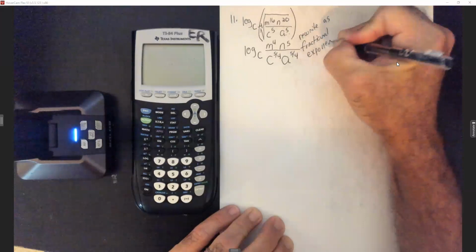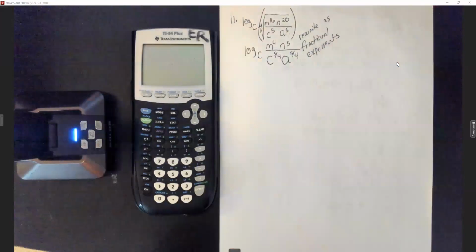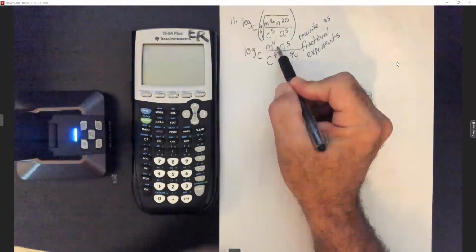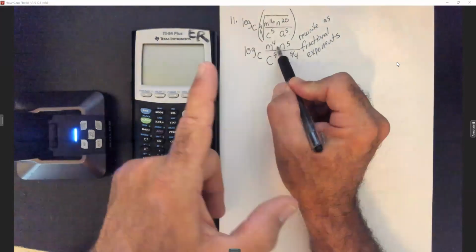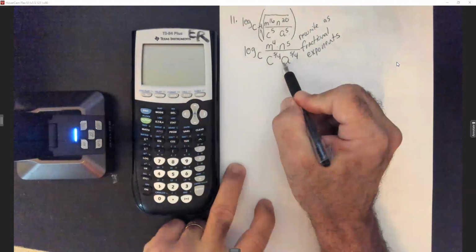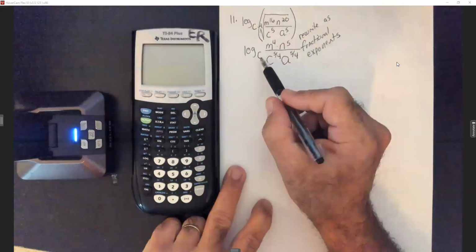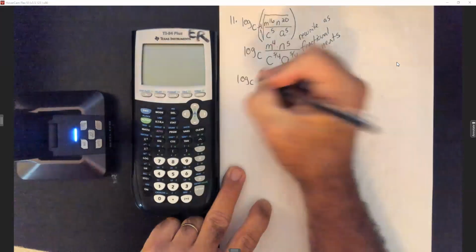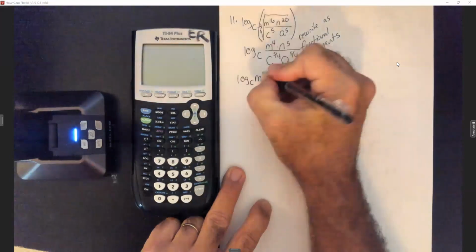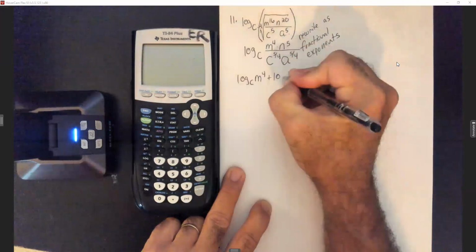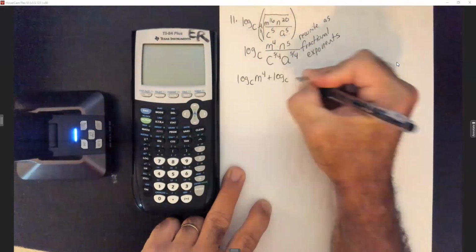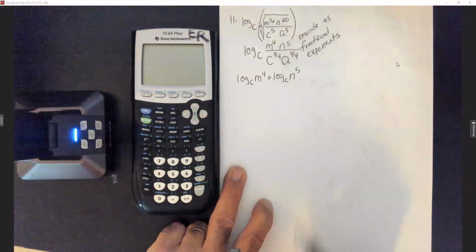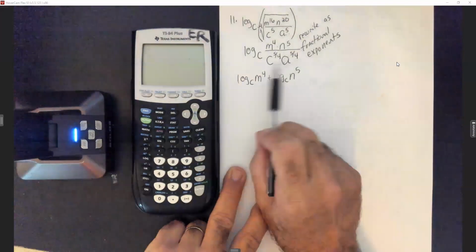So now I'm ready for the sums and differences. If it's on top, it's going to be positive. If it's on bottom, it's going to be negative. And I'm going to distribute log C to all 4 of those. So I'm going to get a log base C of M to the 4th, plus log base C of N to the 5th. These two are on bottom, so they're going to be subtracted.